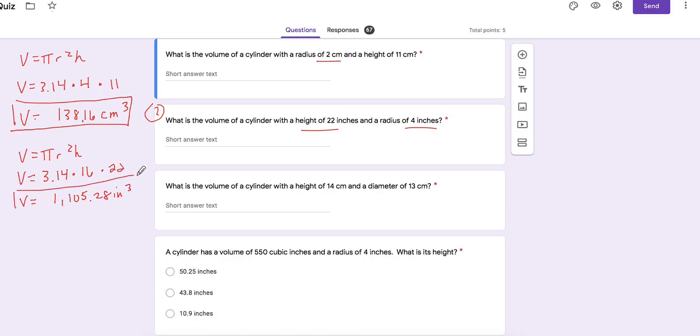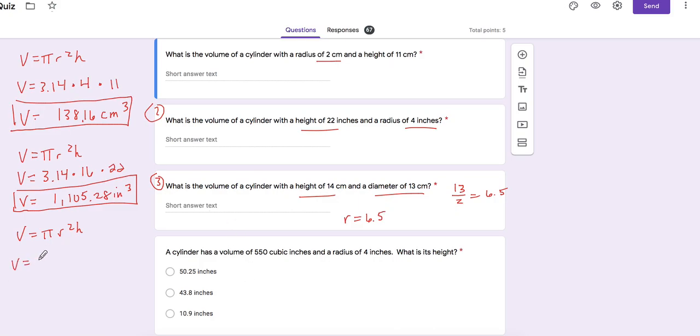All right, moving along. Number 3, this is right here. What is the volume? We have a height of 14 and a diameter of 13. Keep in mind, as we've been seeing, the formula includes the radius. Here I've given you the diameter. So the only thing we have to do is take the diameter of 13 and divide it by 2, which gives me 6.5. So the radius equals 6.5, because the radius is always 1/2 of the diameter. Now we fill in what we know.